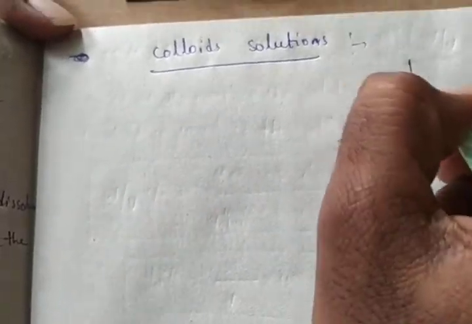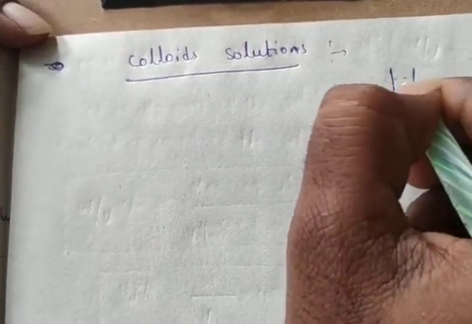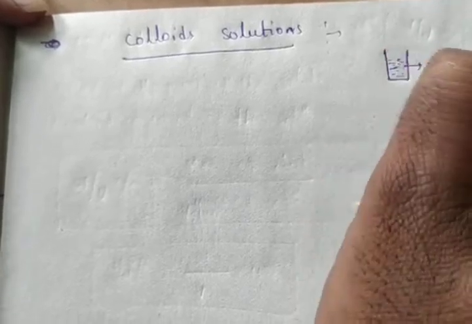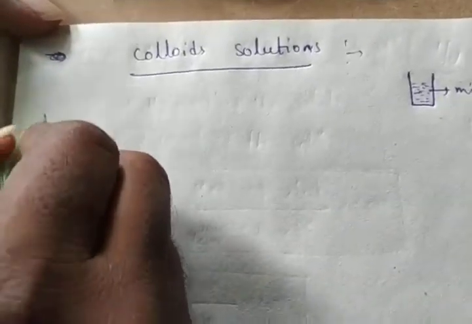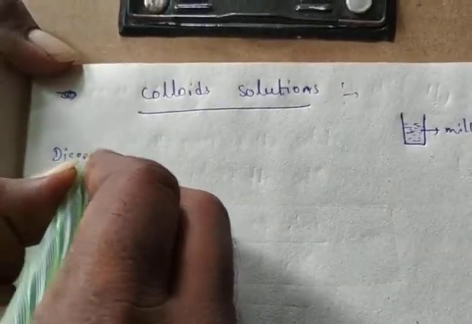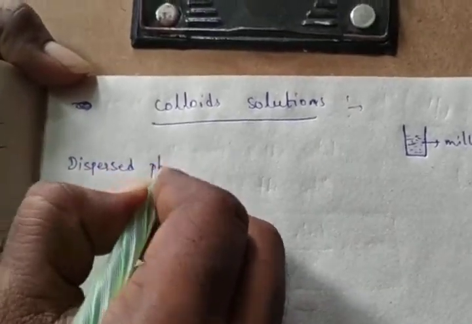Here, we have to take milk as the example. First of all, what is the dispersed phase?